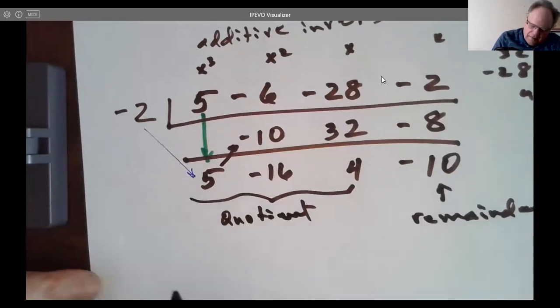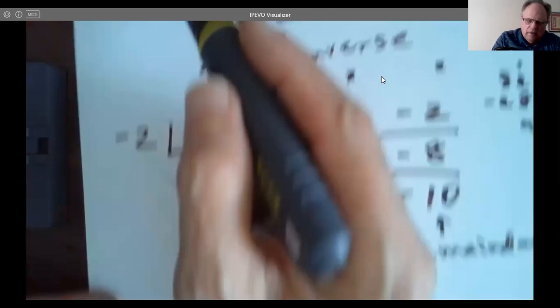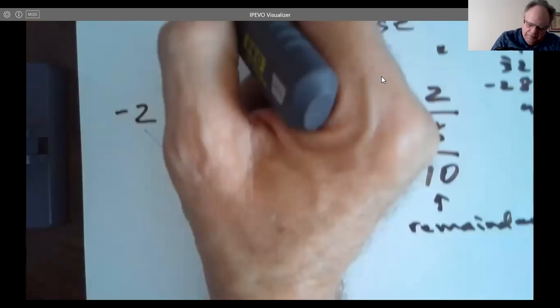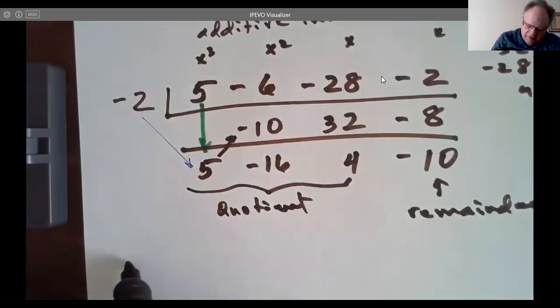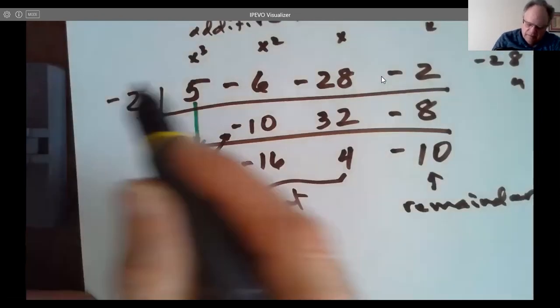So you take the 5 and you go 1 less. Since we started with an x cubed, our quotient is going to be 5x squared. It's going to be 1 less because when you're dividing, you're taking 1 away.